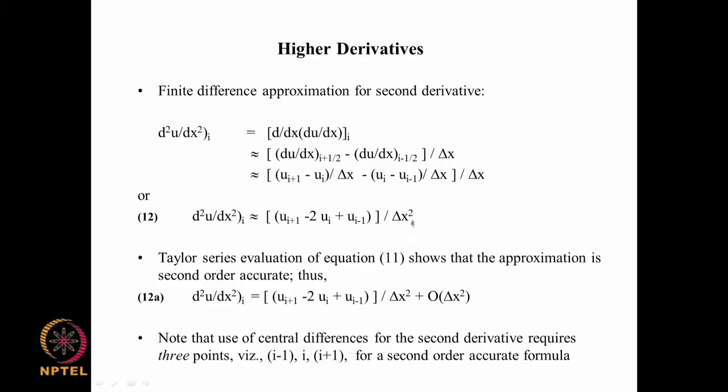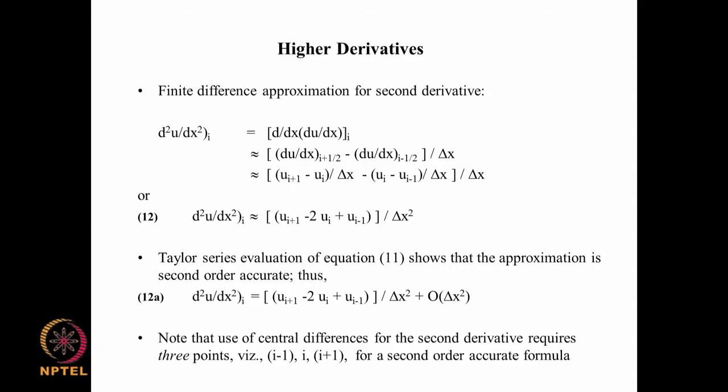This is an approximation for the second derivative at point i involving the value of u at a grid point to the left of i and to the right of i, so ui plus 1, ui minus 1 and ui. So this is a symmetric difference formula, our central differencing formula for dou square u by dou x square at i. And in deriving this we have not made use of Taylor series and all that.